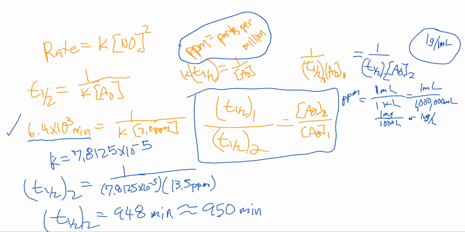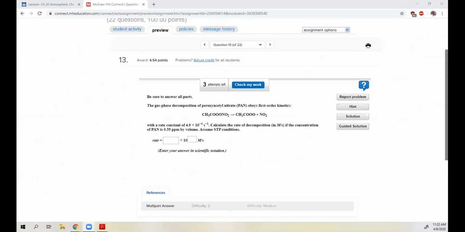Then we're going to look at question number 13. Pull that up. And so this one is pulling us back into our first order kinetics. Right? And so it says the gas phase decomposition of peroxoacetyl nitrate, PAN, obeys first order kinetics.